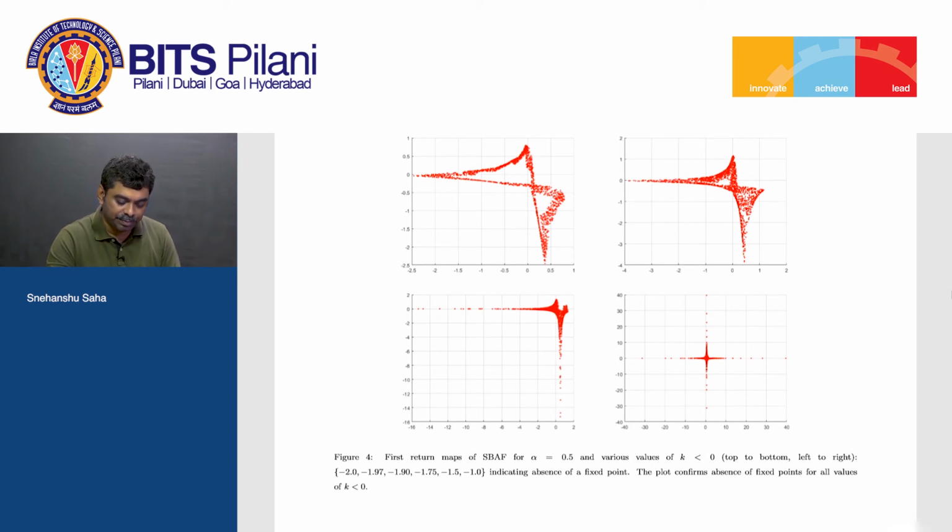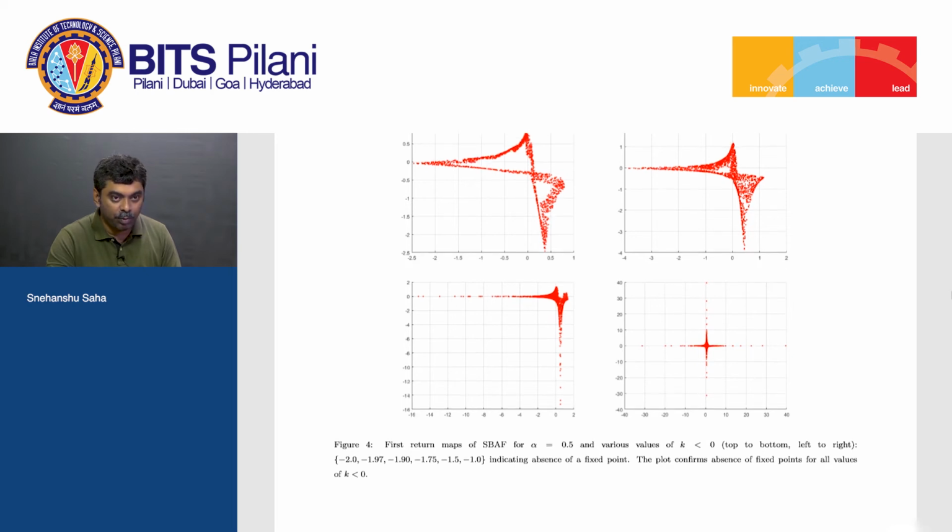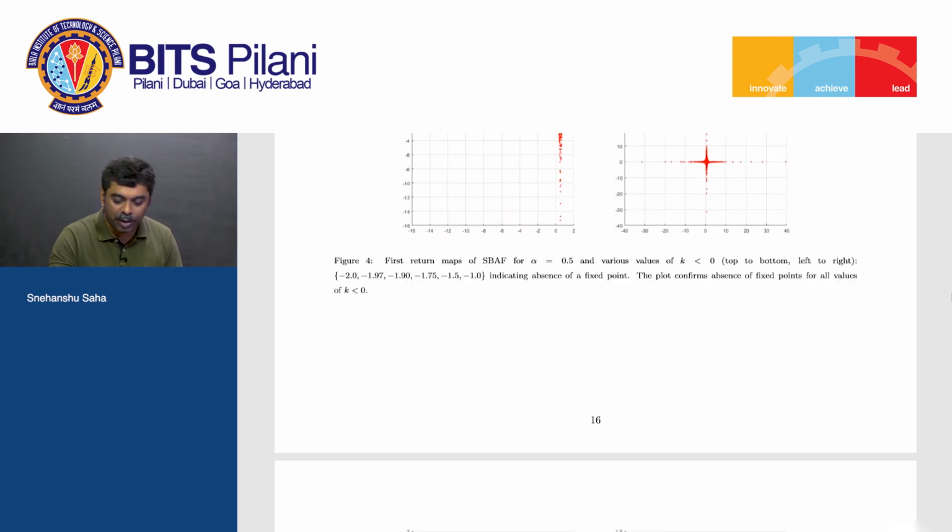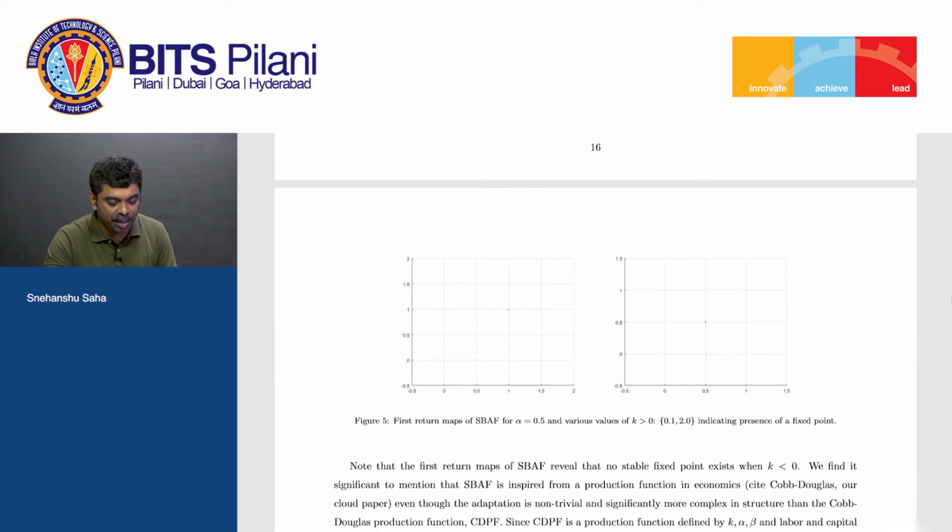So what we know for sure is that for all negative values of k, we really don't have a fixed point, and therefore there is no point in using negative values of k when you tune the parameters.